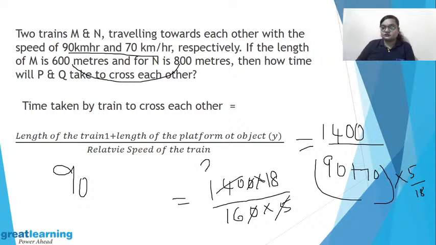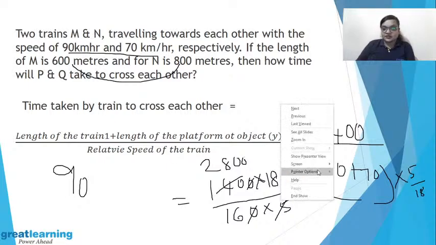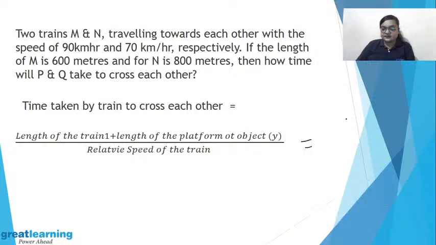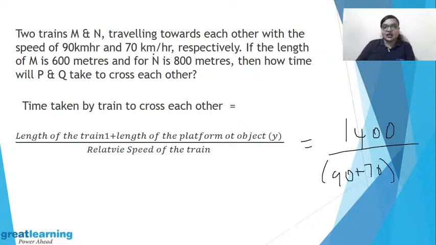5, 280. Yes or no? So if we cancel it out, we'll be getting our required answer. I think approximately it is going to be 2. Yes or no, guys? See, I'm just cancelling out everything. This is 1400 divided by 90 plus 70, and this is in kilometer per hour, so it has to be 5 by 18.